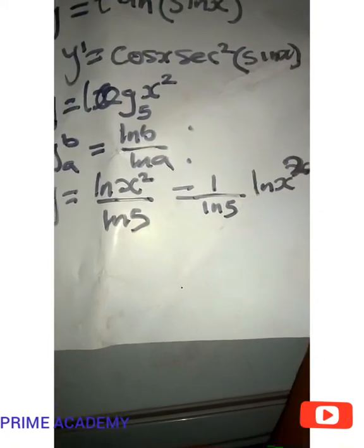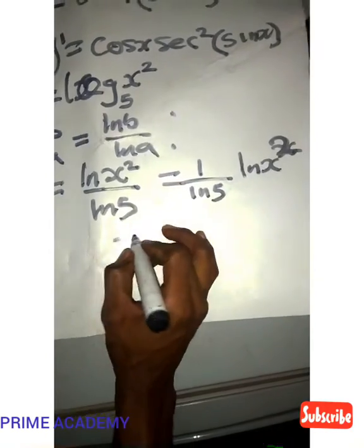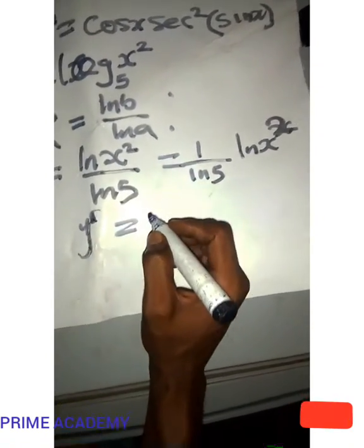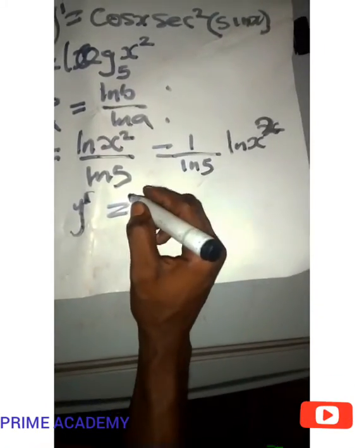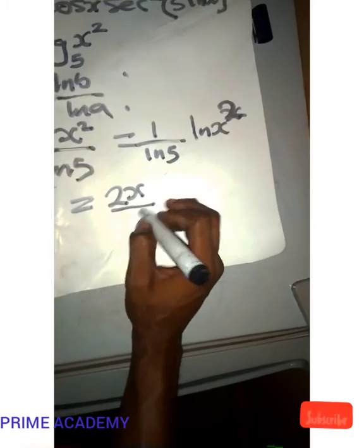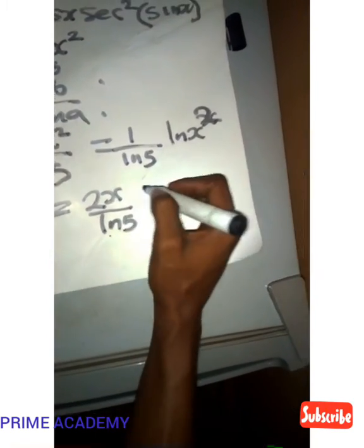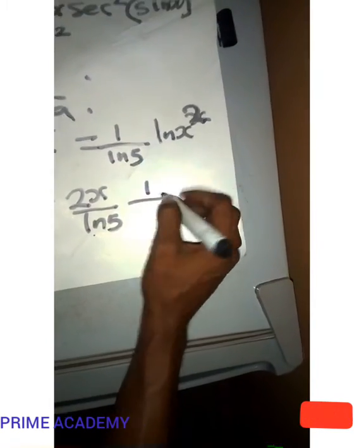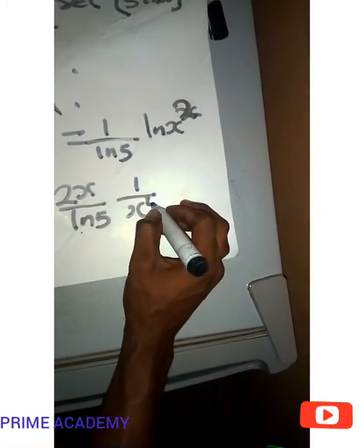So when we differentiate ln x squared, we start from the inner function. When I differentiate x squared, I would get 2x, so y prime is going to be 2x over ln 5. Then when I differentiate the ln, I would get 1 over the inner function x squared.